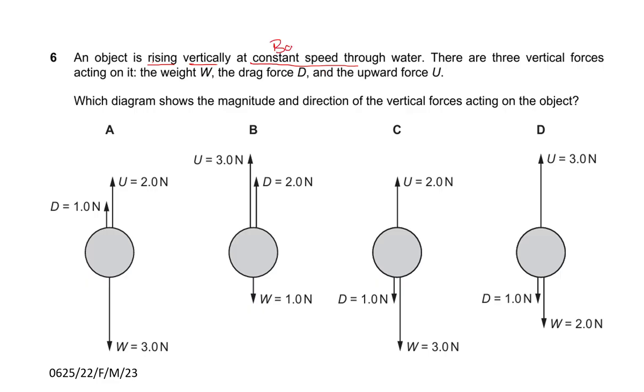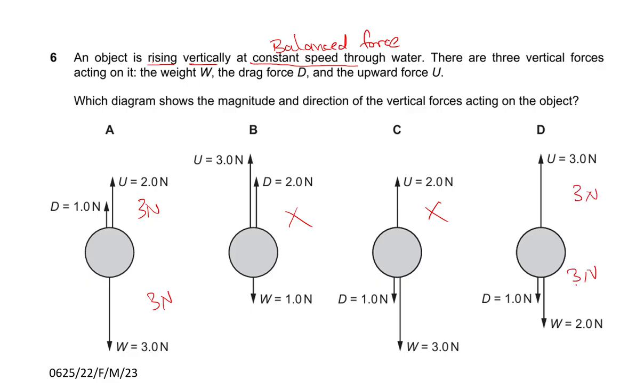Balanced means you must have upward and downward forces, and here you can see only vertical forces, so the upward force and the downward force must be balanced. Let us check A, 3 Newton, 3 Newton. Only 2 and 3 are wrong. So which one is correct, A or D? Because D also shows 3 Newton, 3 Newton.